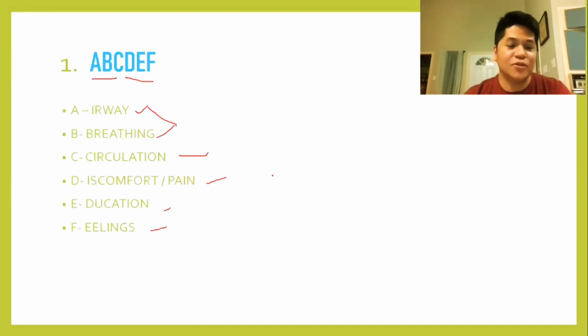So to prioritize, the A and B, the airway and the breathing, are the most important. Just in case they are not an issue, either the circulation or pain should be prioritized rather than giving teachings or providing emotional stability for the client. So that's one point.